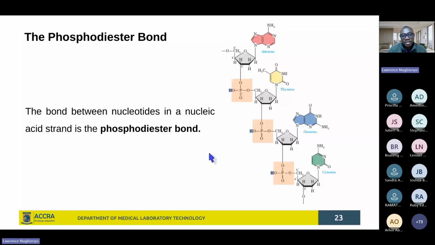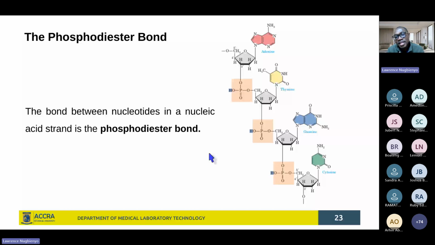Now we are talking about nucleic acids composed of nucleotides that are bonded together. So what is the bond that binds the nucleotides together?